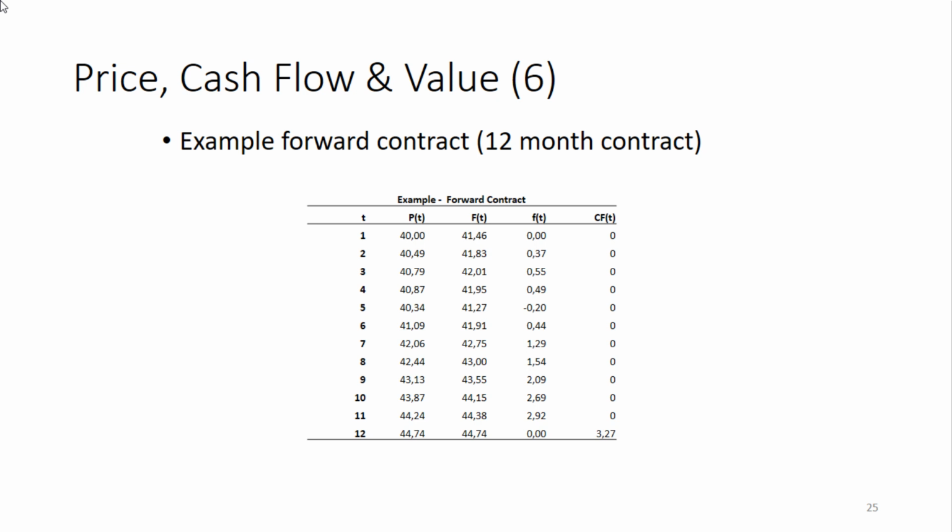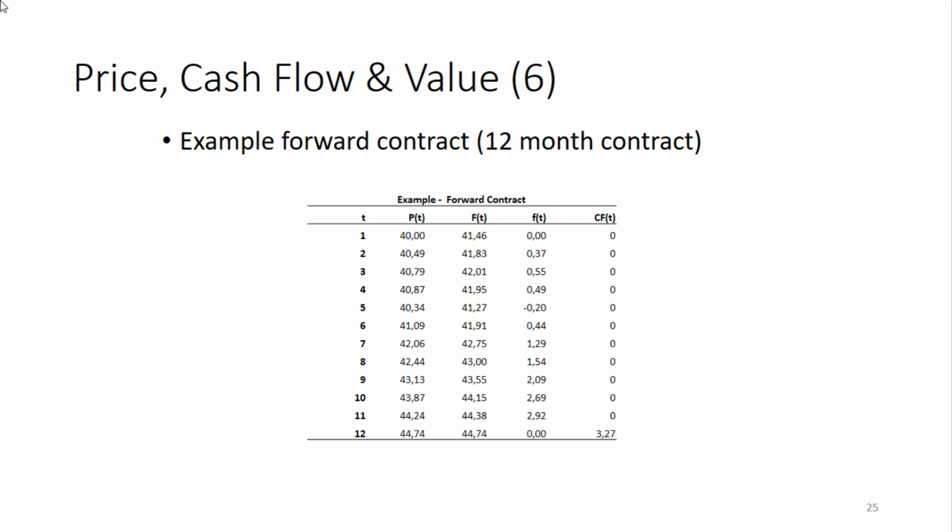So if we go a little bit further, so suppose that you go to time 5, there we see that if I would enter into a futures contract at time 5 to deliver a good at time 12, then the price would be 41.27.